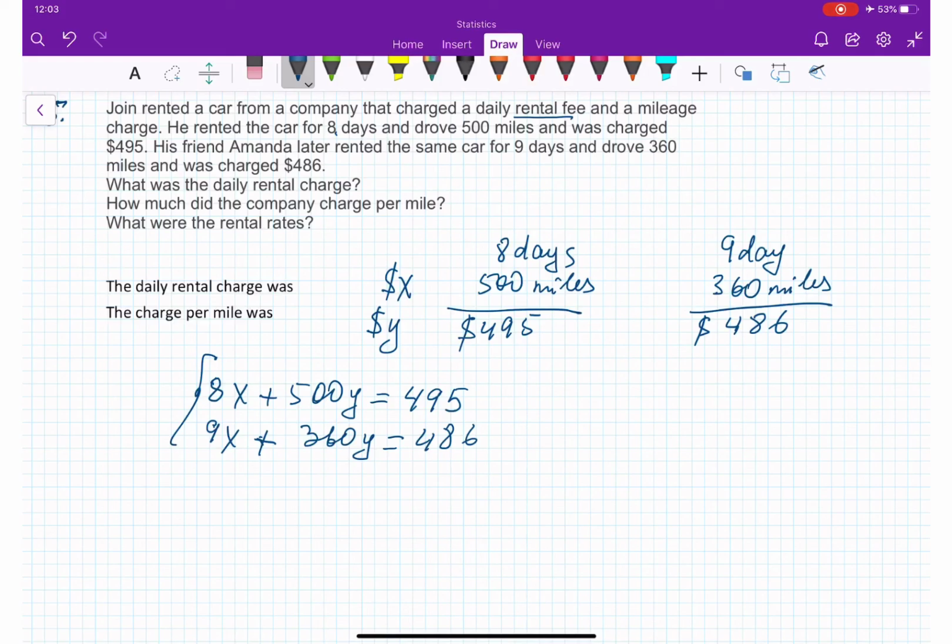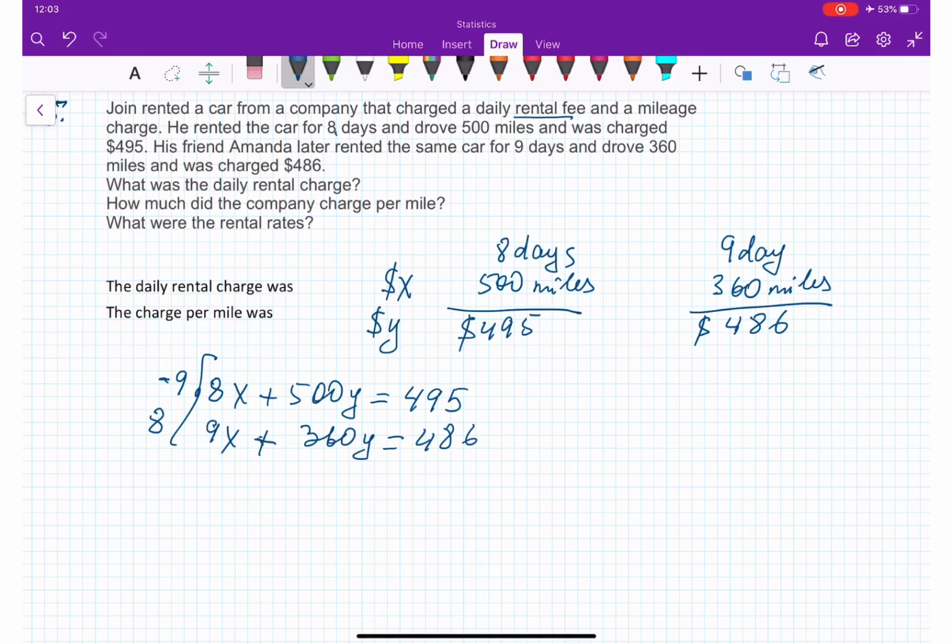I want to eliminate x, so for example, 8 I have to multiply by -9, and 9 I have to multiply by +8. So we'll get -72x and +72x. There is no smaller number that I can use.